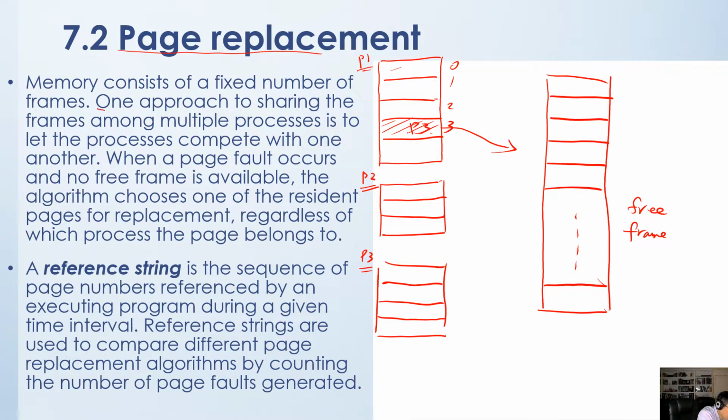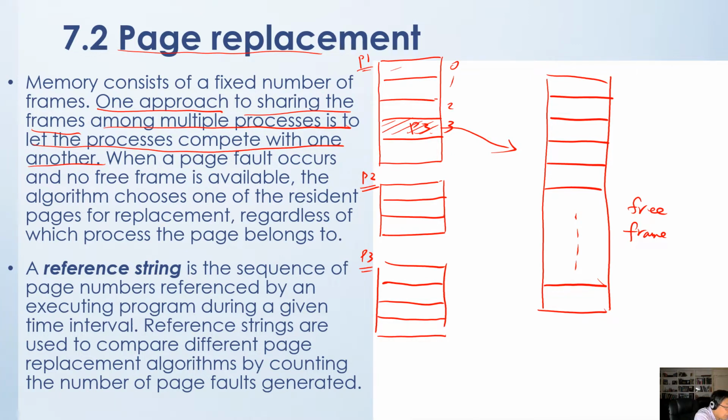Now, one approach to sharing the frames among multiple processes is to let the processes compete with one another. That means once we set a criteria for the page replacement, it doesn't matter if page 3 wants to replace an existing page in the memory; page 3 can replace a page which belongs to the other process.